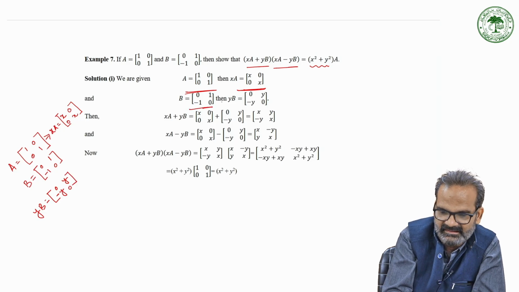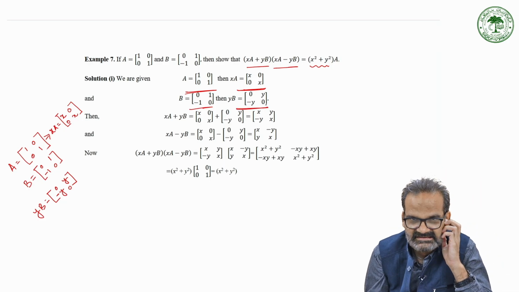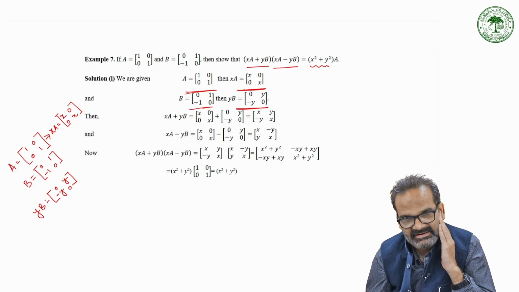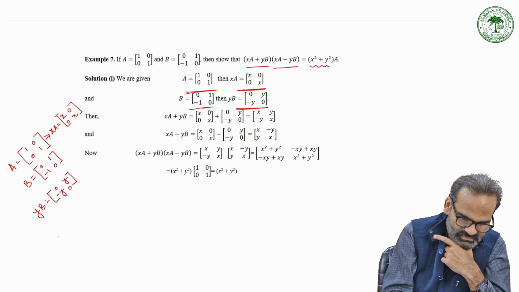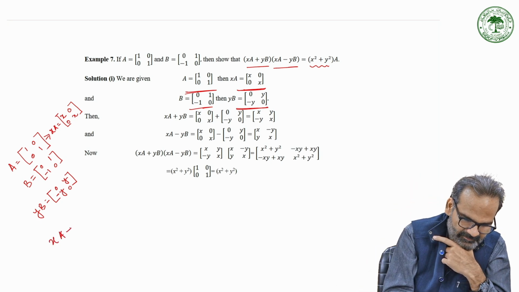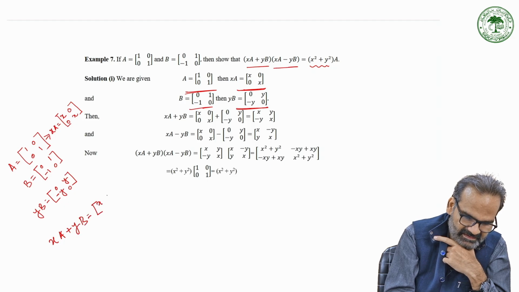This is B and YB is this, right? Up to here, everything is clear. So we have calculated XA as well as YB. Now, simply add up these two, XA plus YB. What is XA? XA is [x, 0; 0, x] plus YB is [0, y; -y, 0].